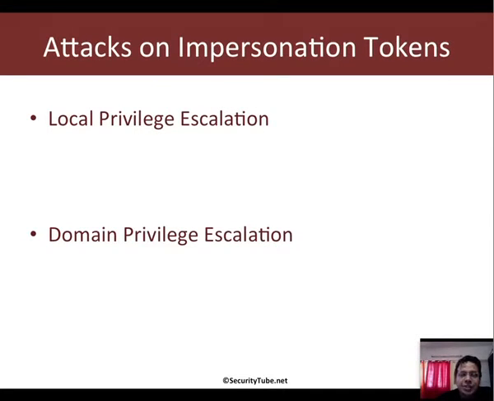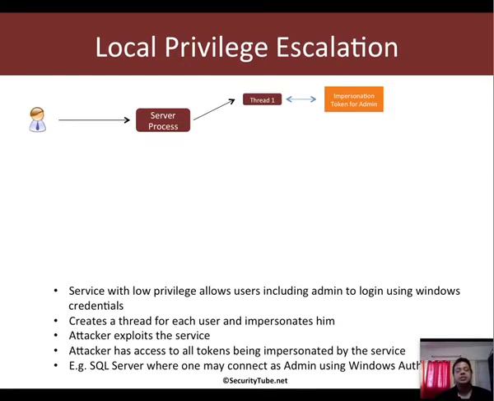Now, what are the attacks possible on impersonation tokens? We can have both local as well as domain privilege escalation attacks. This is how a local privilege escalation would work. Let's assume there is a server process running which has created a thread to process the admin user.